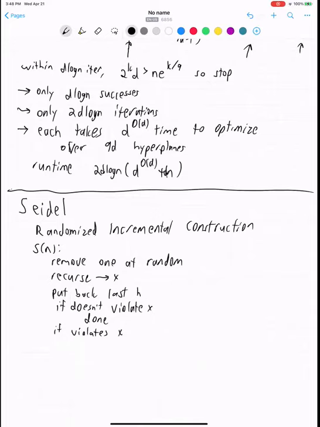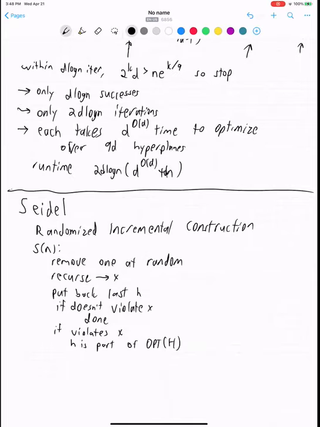And let's call this hyperplane H. So now we need to fix things. Okay. But this is where Seidel had this very clever realization. If this hyperplane violates X, that means that... This is an argument that we made before, right?